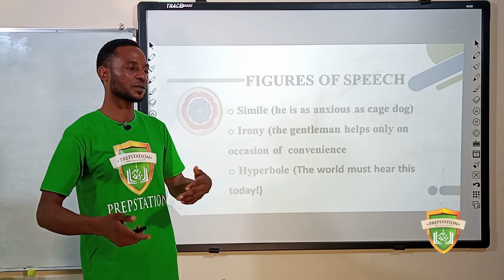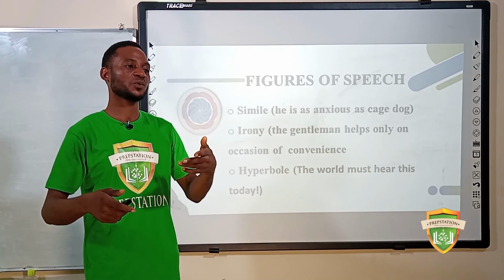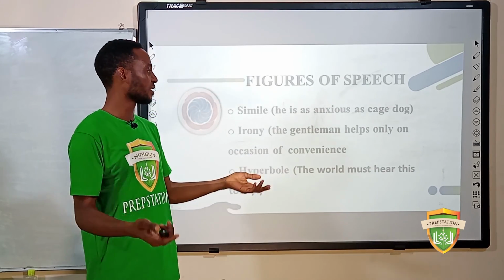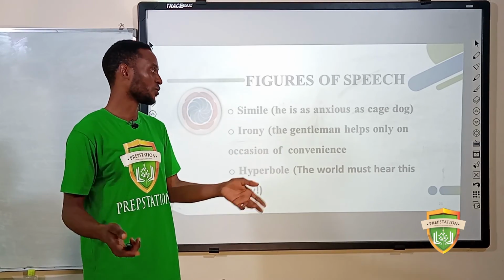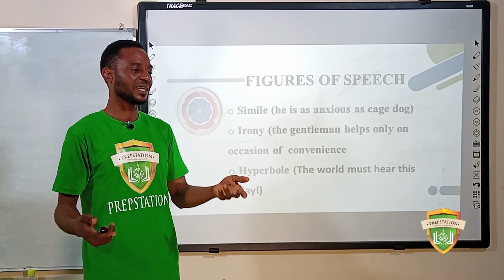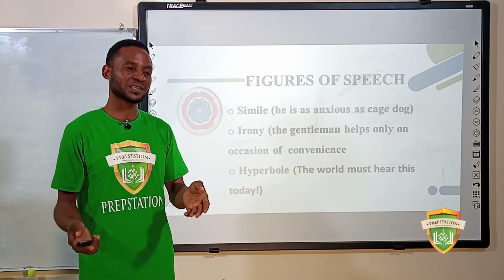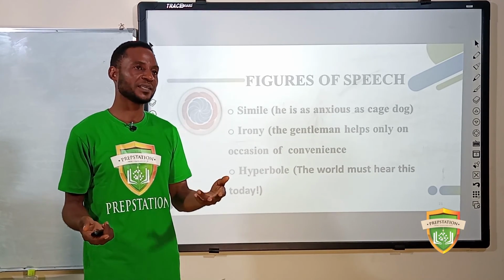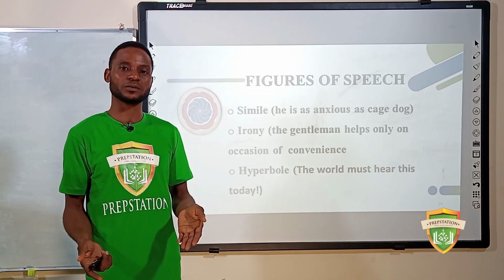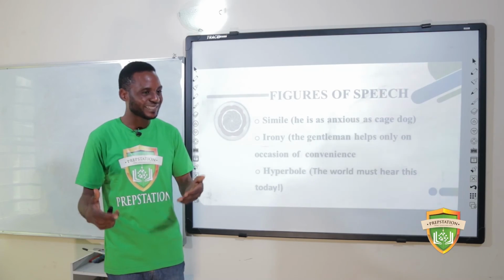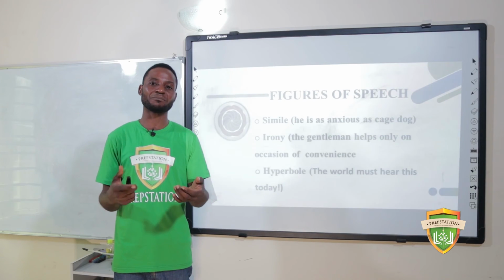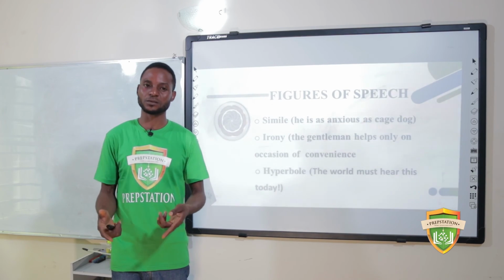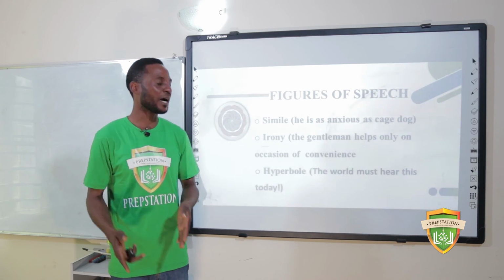We just focus on the one that is mostly used in everyday language use. Otherwise, we have three types of irony. Number one, you have situational irony, you have verbal irony, and dramatic irony.